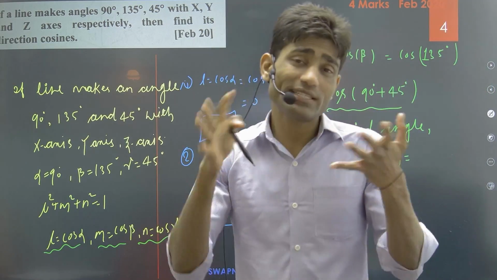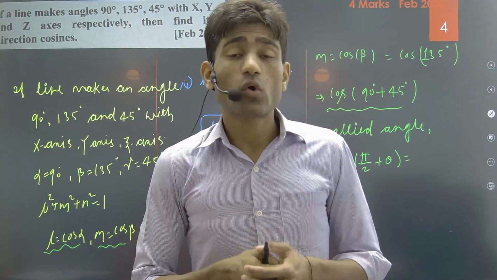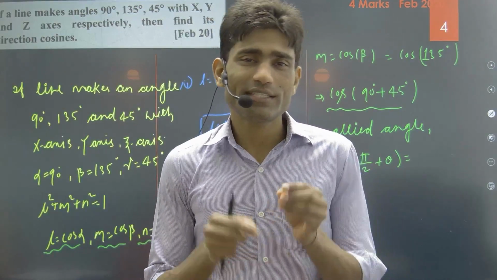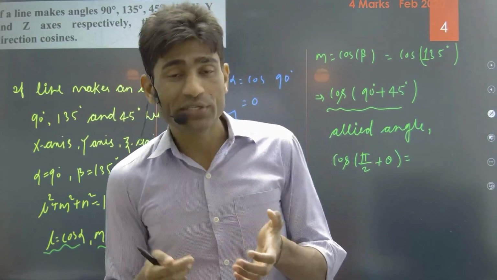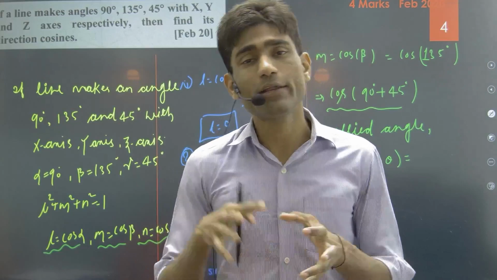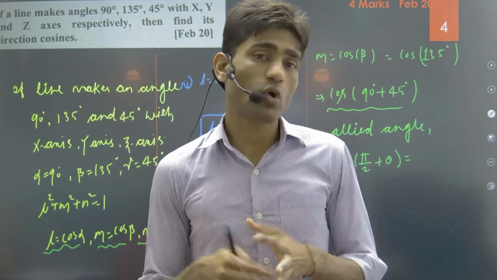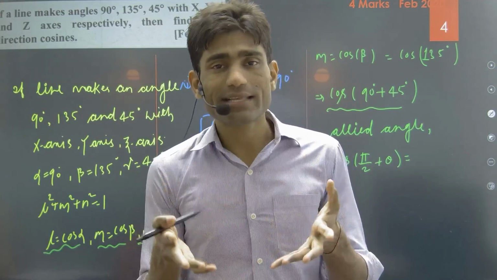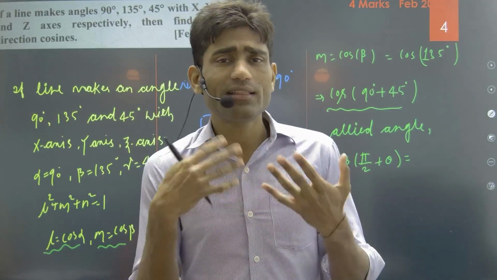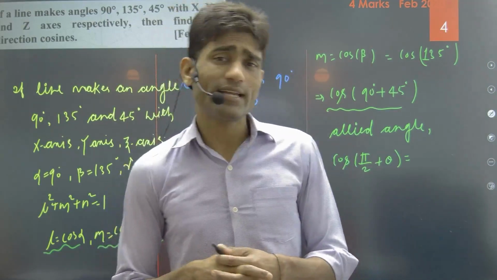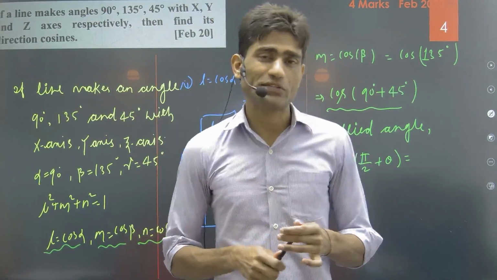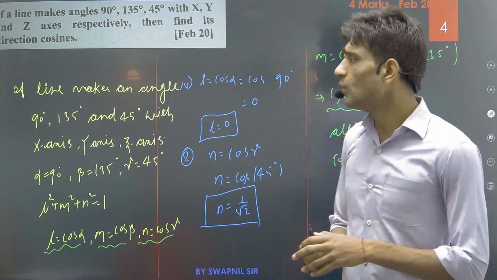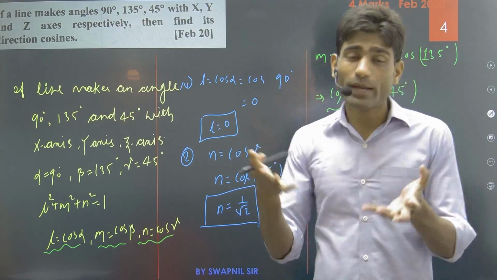We know that in the second quadrant cos gives us a negative value, because in the second quadrant sine and cosec are positive. In the third quadrant cot and tan, and in the fourth quadrant cos and sec are positive. Other than these, the trigonometric ratios are negative. And in the first quadrant all trigonometric ratios are positive.